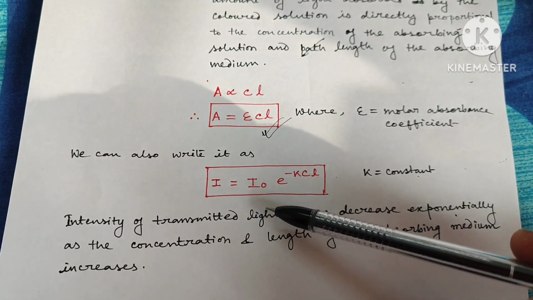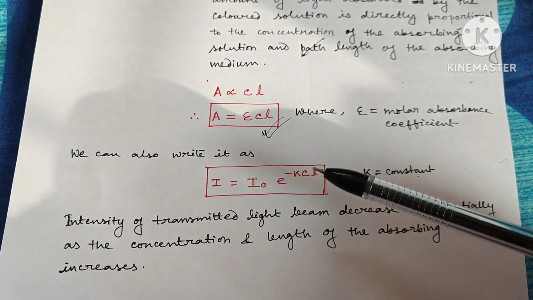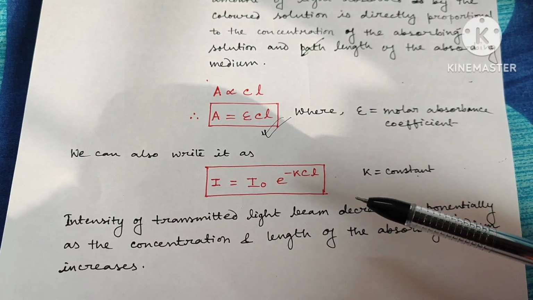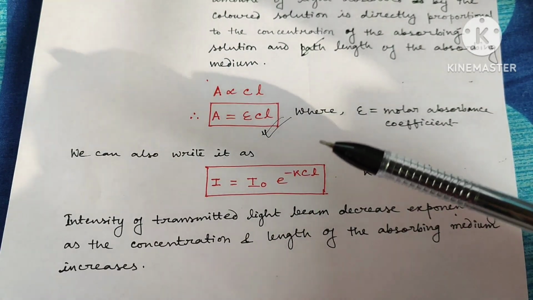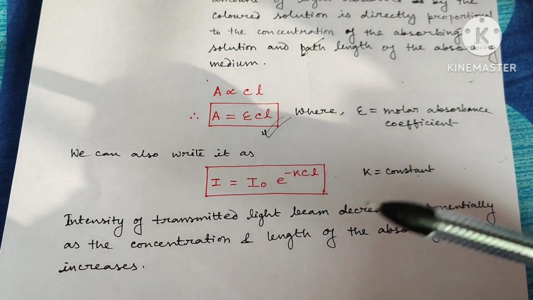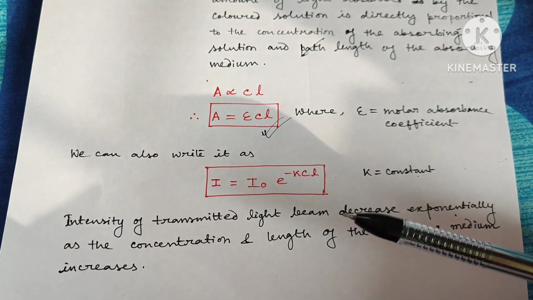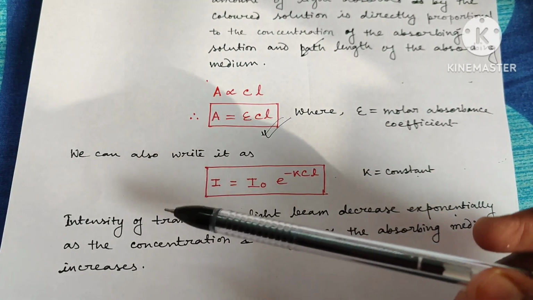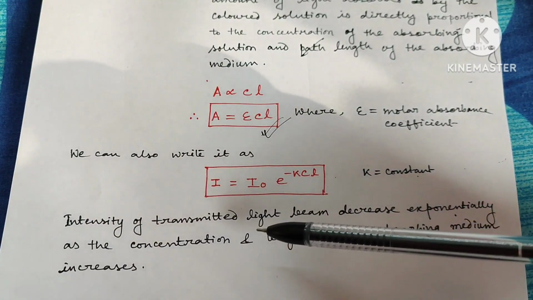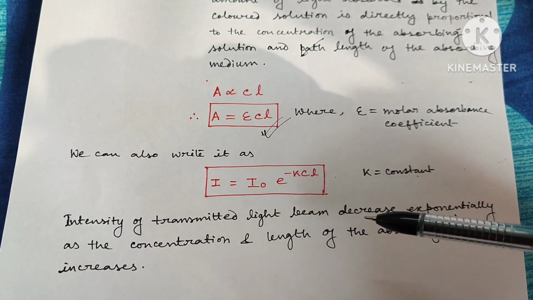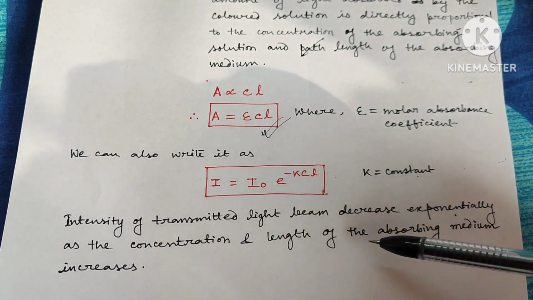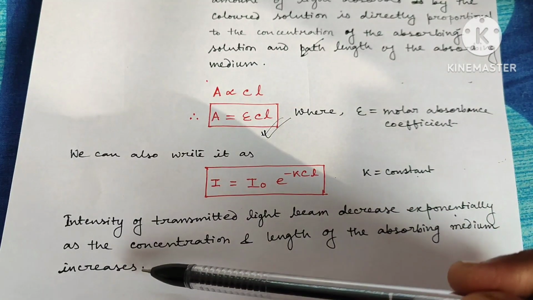When the concentration and length of your absorbing medium increase, more light will be absorbed. That means the intensity of the transmitted light will be lesser. That is why we have written that the intensity of the transmitted light beam decreases exponentially as the concentration and length of the absorbing medium increase.